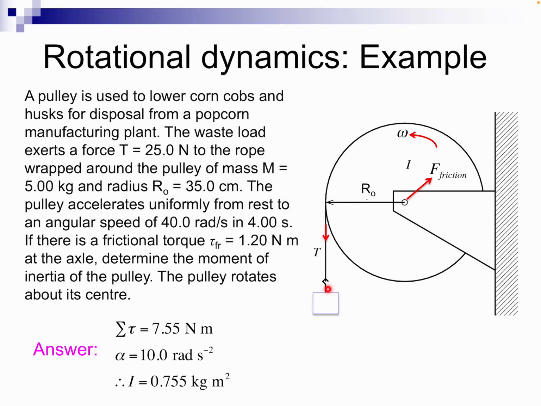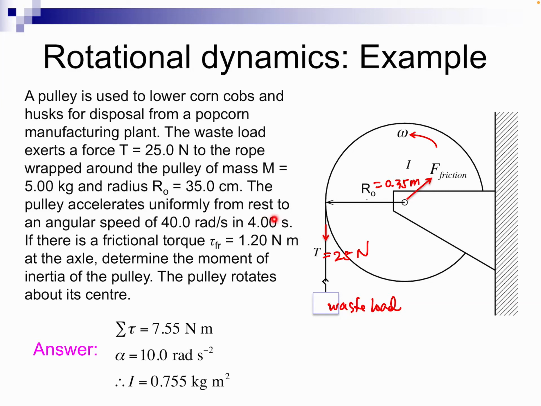So you have a pulley. The pulley is here. It's used to lower corn cobs for disposal. This is the waste load. It exerts a tension force of 25 newtons on the rope. The rope is wrapped around the pulley of mass 5 kilograms. The radius of the pulley is 0.35 meters, or 35 centimeters.